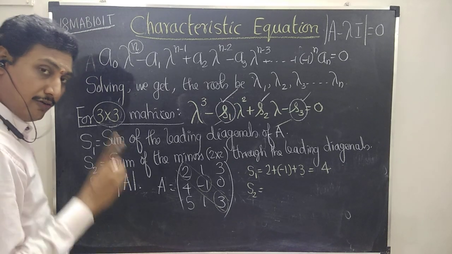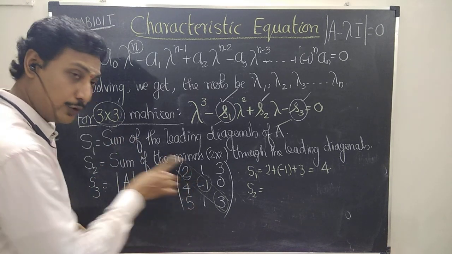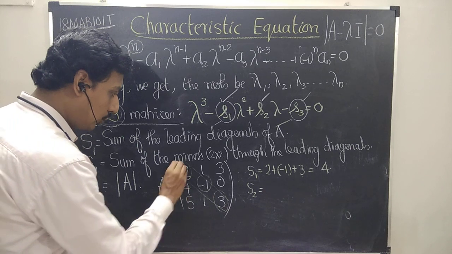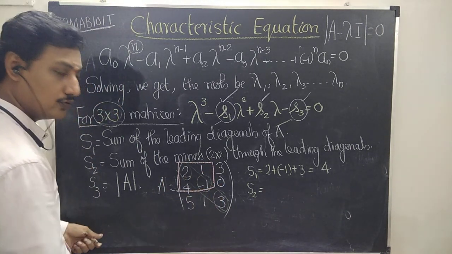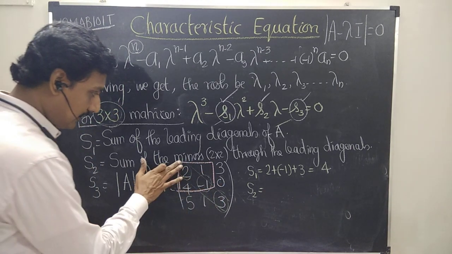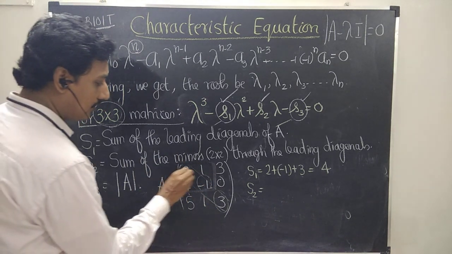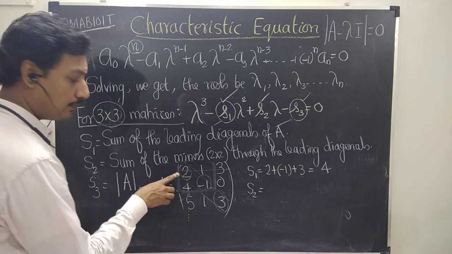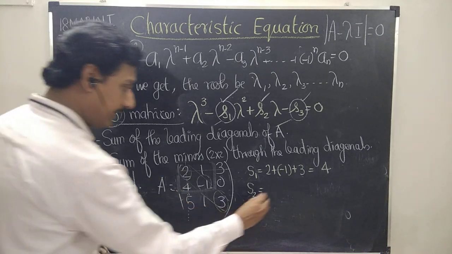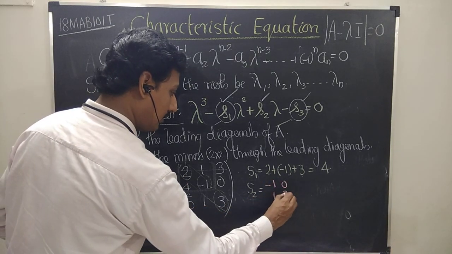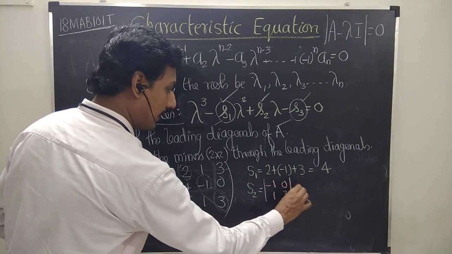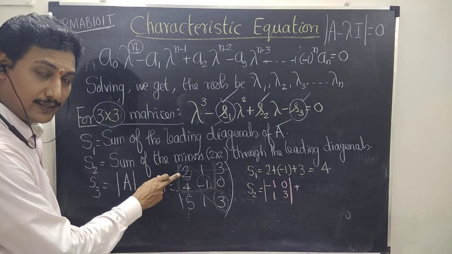Let us see. First one: if we eliminate the first row and first column using the first diagonal, we get minus 1, 0, 1, 3. So this is the first 2 by 2 matrix through the first diagonal.